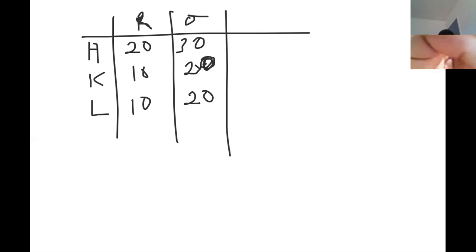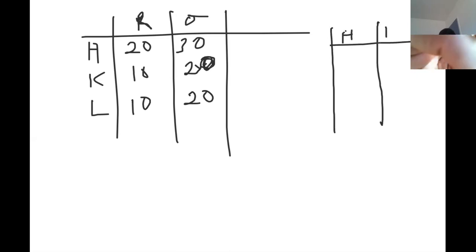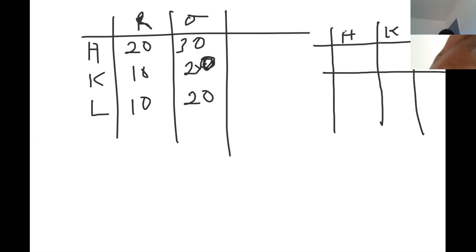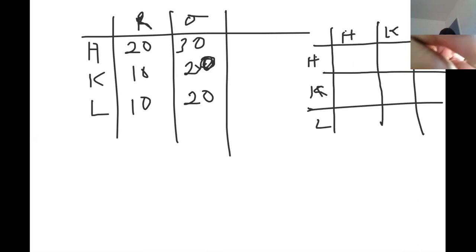I'll call this H, K, and L, and H, K, and L. Now, correlation between H, so it says K has a correlation of 0.5 with H. So K and H is 0.5 positive.